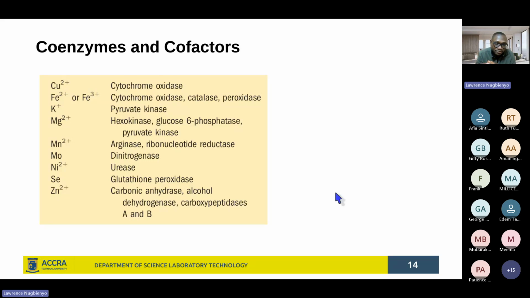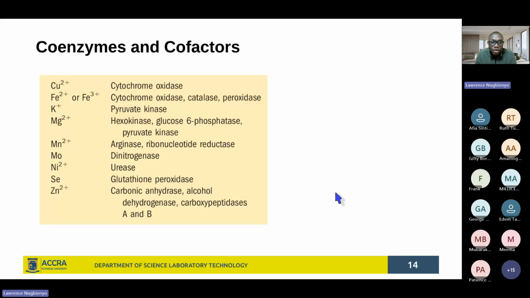That is the functional structure of these proteins. And it is the same thing with enzymes. You don't call them cofactors per se in other molecules, but in enzymes, that's how you refer to them, cofactors.